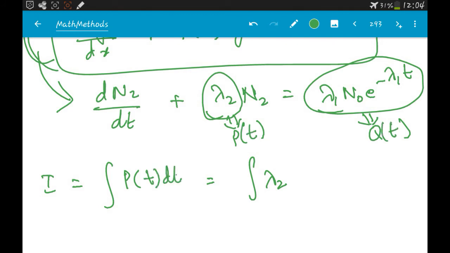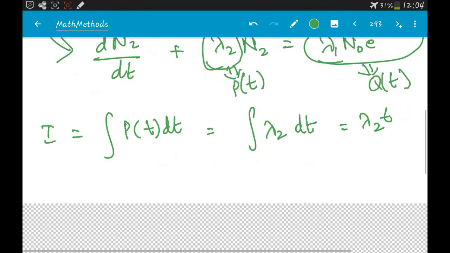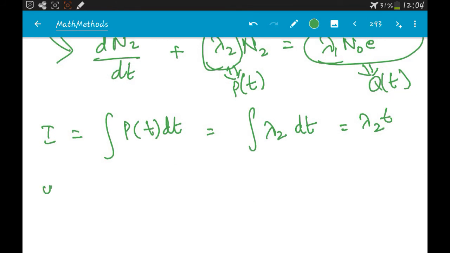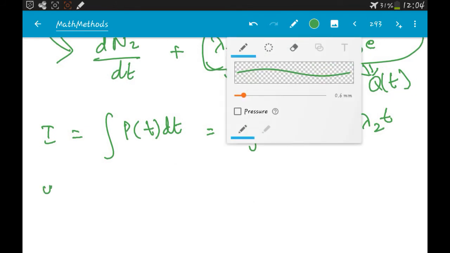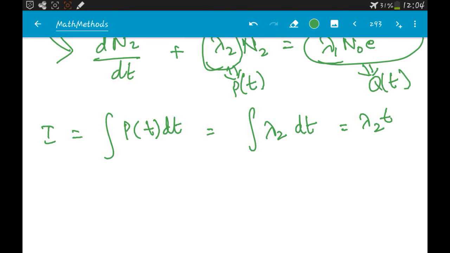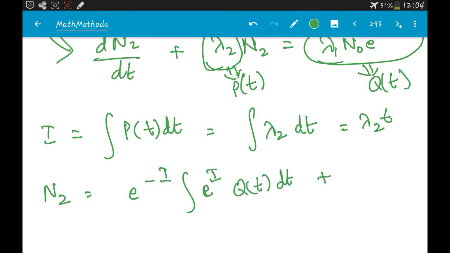The integral of p of t dt is lambda 2 dt, which is nothing but lambda 2 t. So your N2 is e power minus the integral, times the integral of e power the integral of q of t dt, plus c into e power minus the integral.